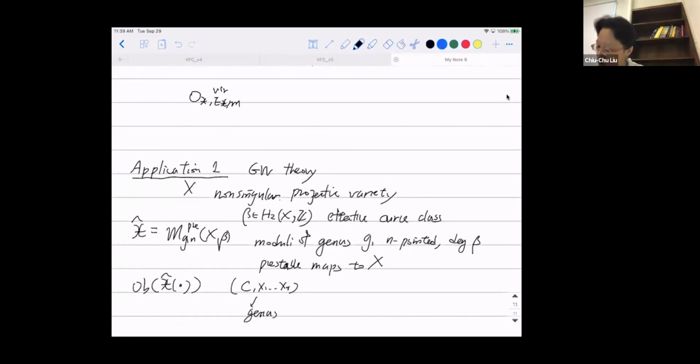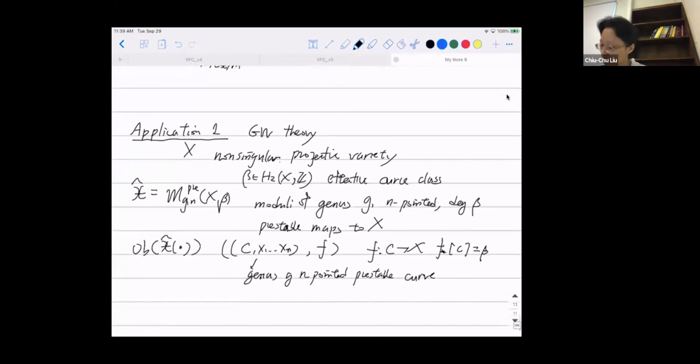The domain is a genus g, m-pointed pre-stable curve. It's just a nodal curve of arithmetic genus g, and the marked points are distinct and non-singular. So it's a pair, this is the domain together with a map to X, and we fix this curve class.